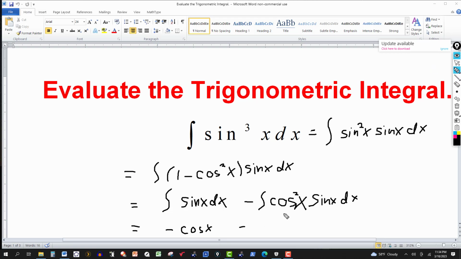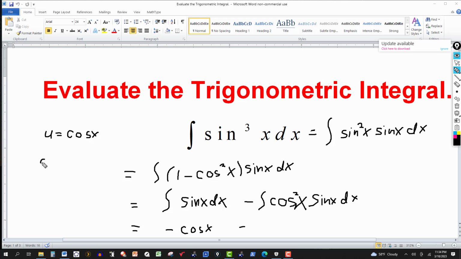Now for the second integral, since the derivative of cosine is minus sine, this suggests we can use a substitution. So let's do this. It's just a regular u substitution. Let u equal cosine of x.